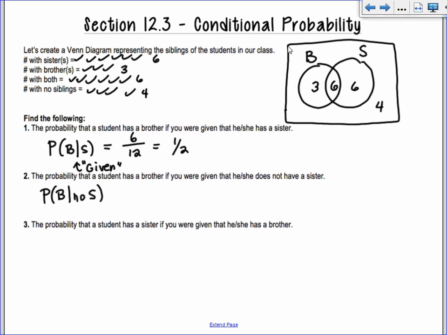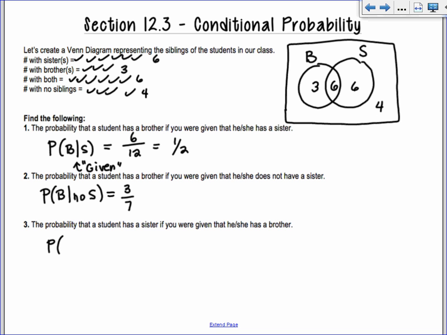Of those 7 people, how many have a brother? 3. Given that they do not have a sister, there are only 7 people, and 3 of them have a brother. So 3 out of 7.